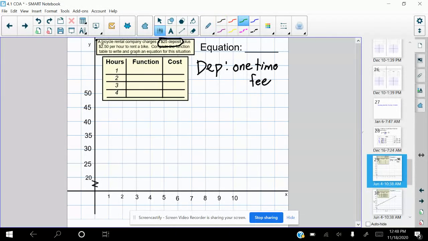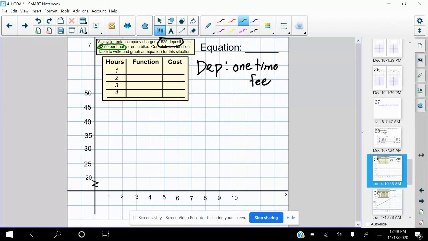Well, we also pay $2.50 per hour. So that amount is going to be dependent on how many hours we're renting the bike. Well, if I rent the bike for 2 hours, I pay $2.50 twice, or 2 times $2.50. If I rent the bike for 3 hours, well, I do $2.50 times 3, because it's 3 hours.